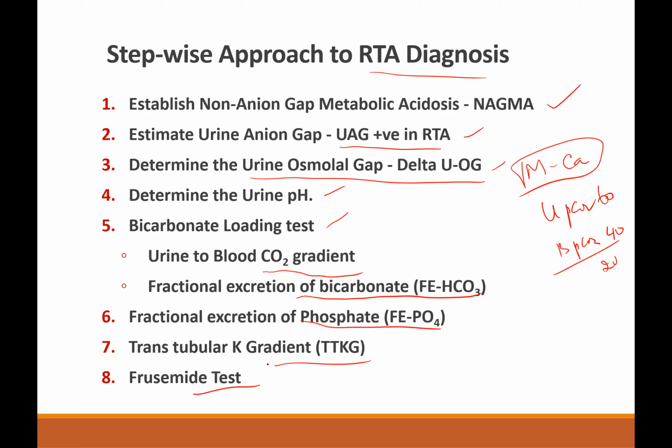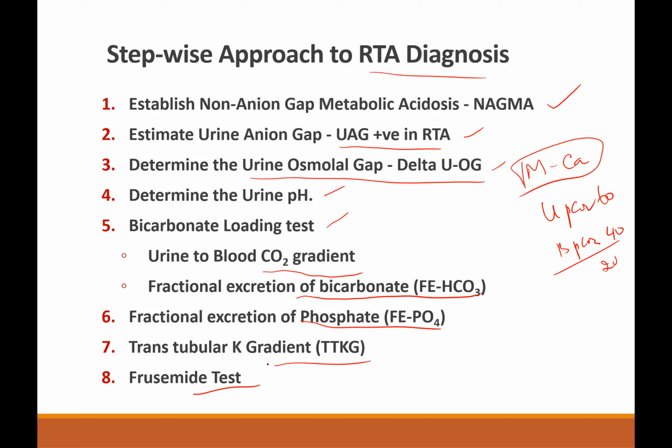Diagnosis: first confirm that there is NAGMA, and confirm that there is a positive urine anion gap, and look for the osmotic gap or osmolar gap in the urine. Delta osmolar gap you calculate to see the osmotic substances in the urine, and look for the urine pH. Is it less than 5.2 or more than 5.2? Is important.